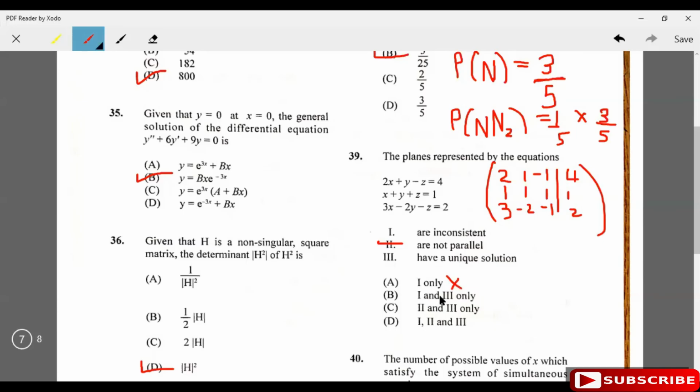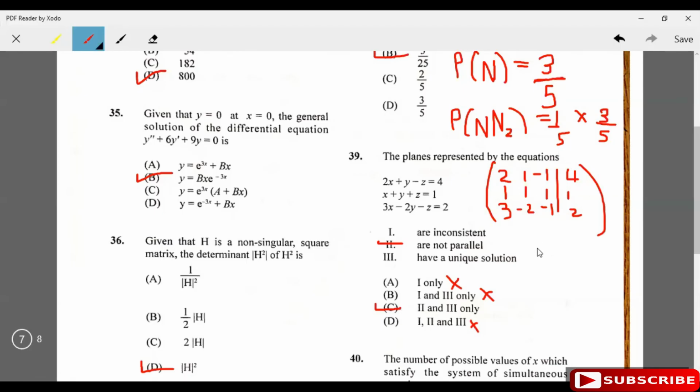You cannot have both, because we just said that it's either one or the other. So option B is out. Option C, you cannot have both, so it's clearly C. Even without working it out, it is just C. Is that clear? Yes, sir. All right, so that's option C.